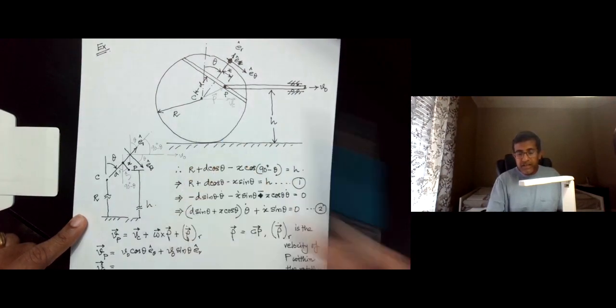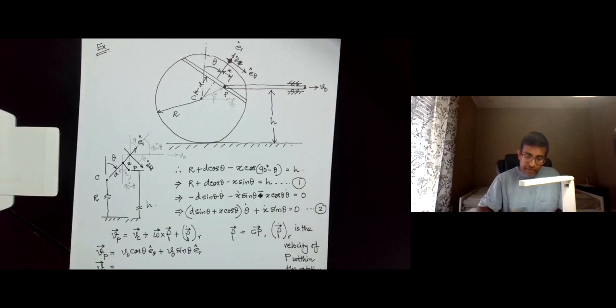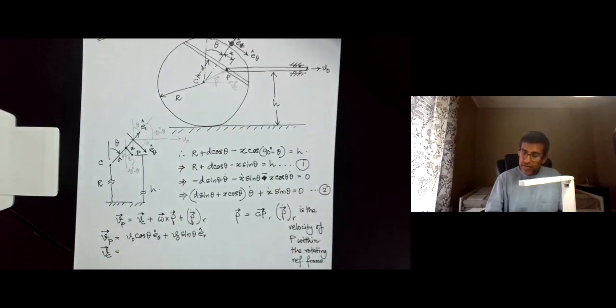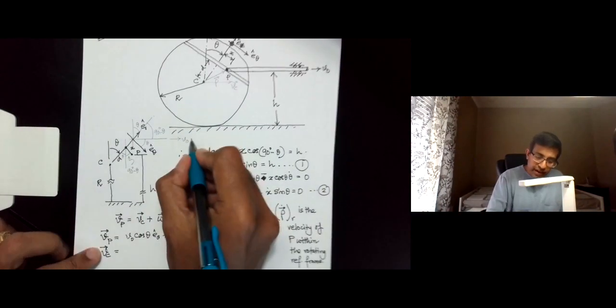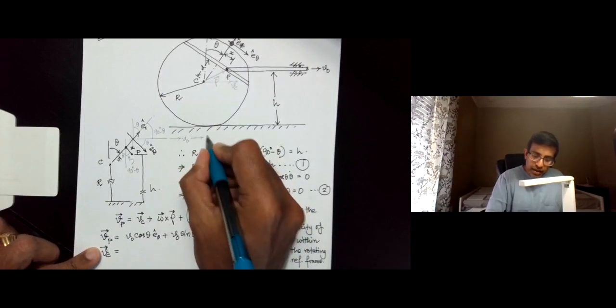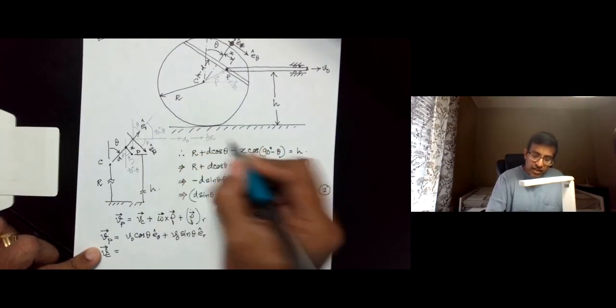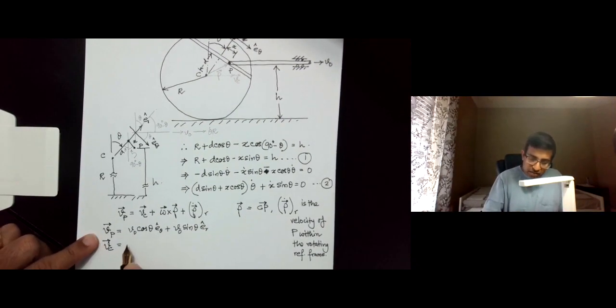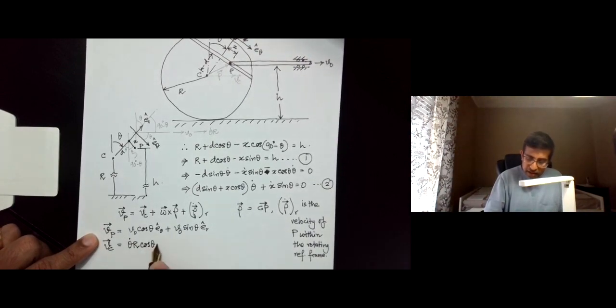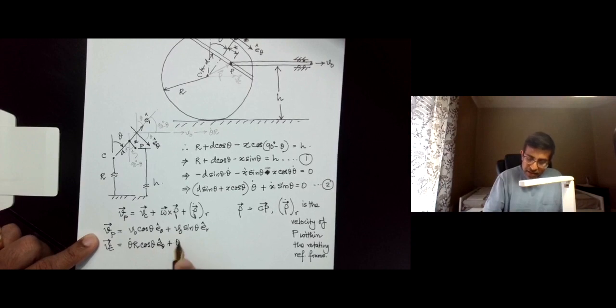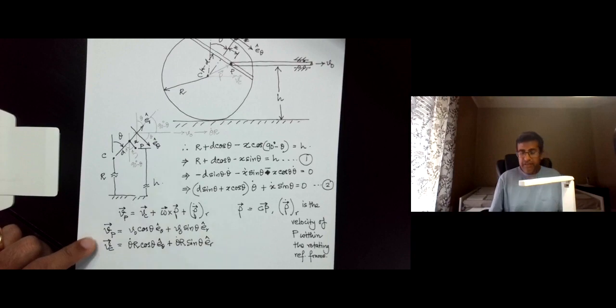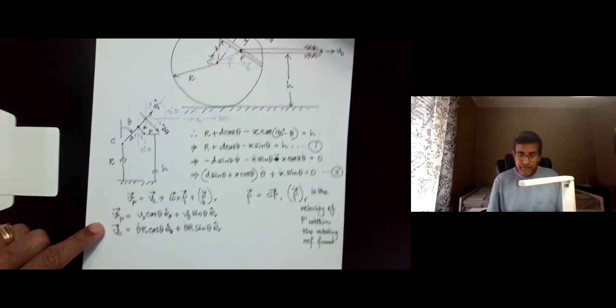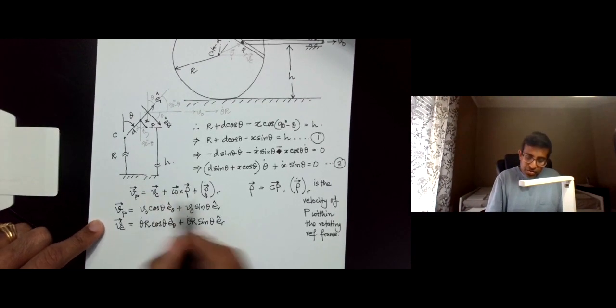So the velocity of the center is theta dot times capital R, and it is also in the horizontal direction. So you could go back to this diagram and put that the velocity of the disk is theta dot R. It's also in the horizontal direction. So Vc is theta dot R cosine theta E theta plus theta dot R sine theta ER, right? So that's Vc.